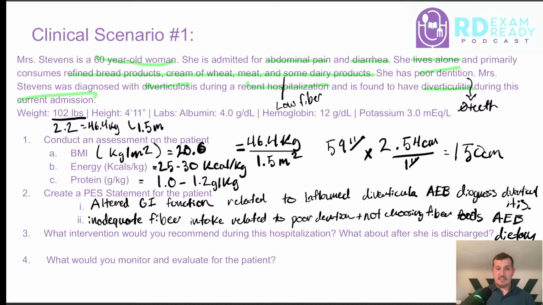And then once she's discharged, what do you all think should be her diet at home? What do we want her to start eating more of in her diet? What types of foods could she be eating more of? Well, once we go home, we're going to shift over to high fiber. Let's say her diverticulitis is done. There's no more inflammation, but she still has the diverticulosis.